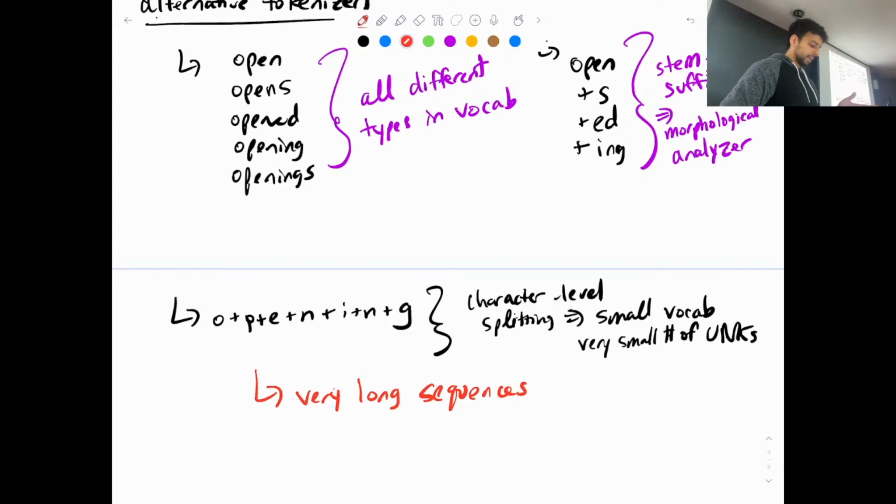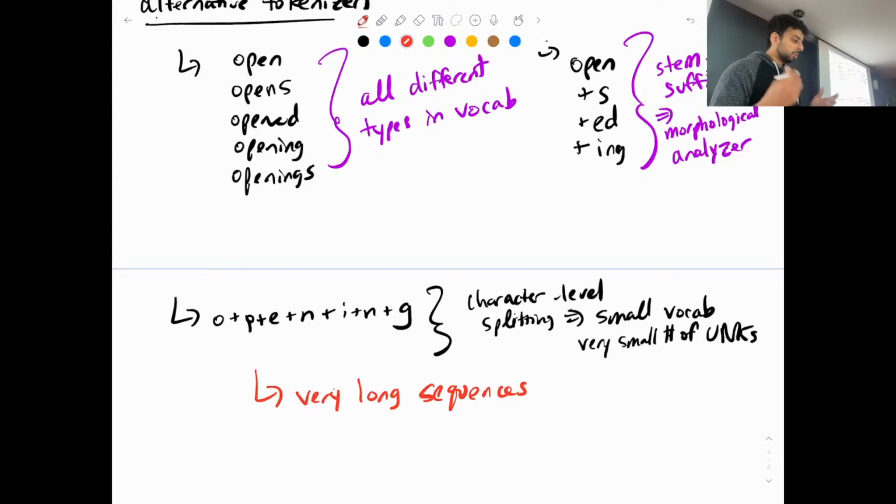Opening could be one word if we're using word level tokenization, meaning opening has its own embedding that just gets fed into the transformer. In character level tokenization, it's 7 different embeddings, right? So opening the word is itself this long sequence of embeddings that the transformer needs to process.